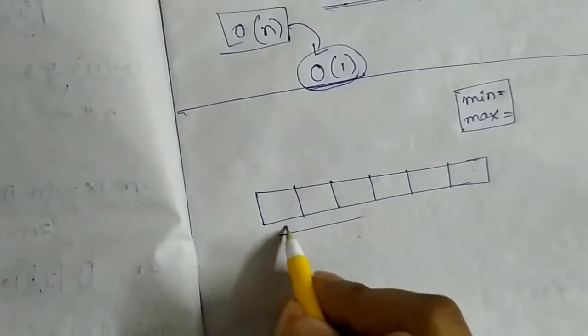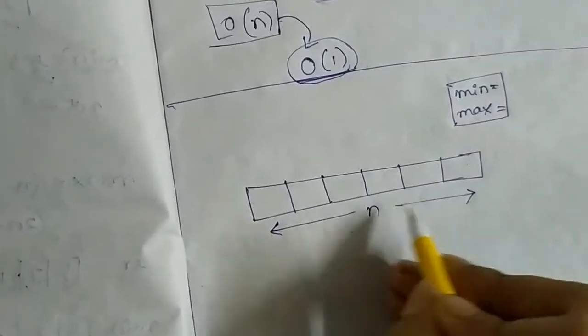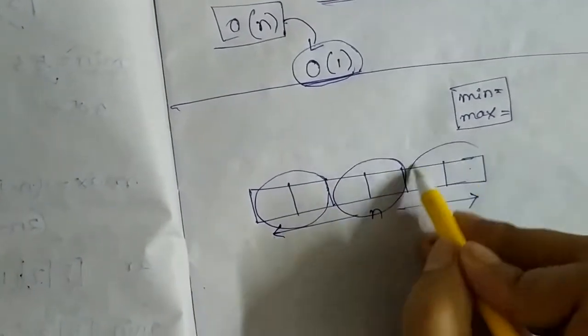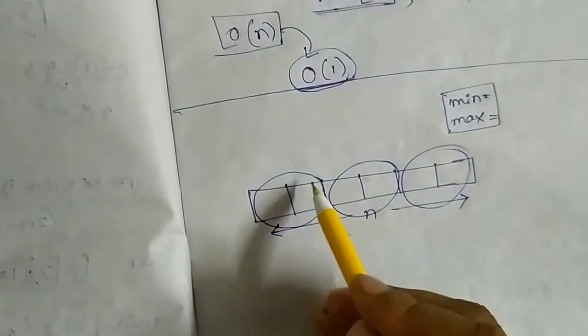Let's say I have a total of n elements, and I am checking with a pair. Now we will see how we can find the minimum and the maximum of the entire array after 3n by 2 minus 2 comparisons without using any extra array.